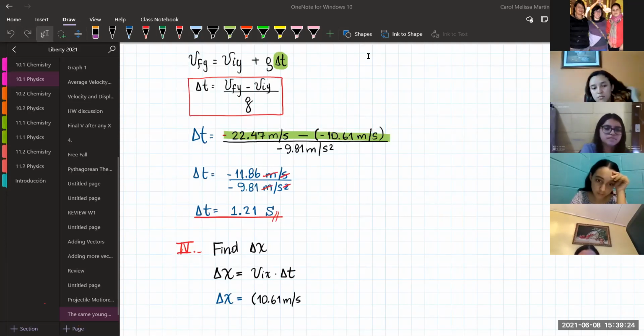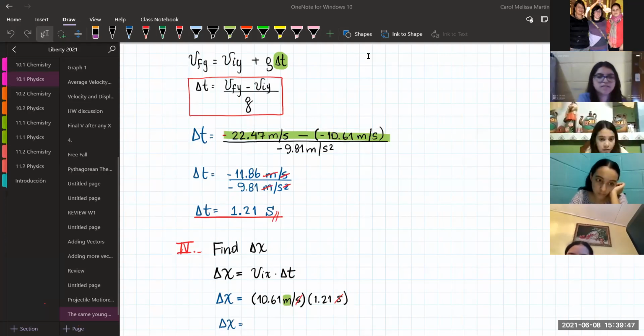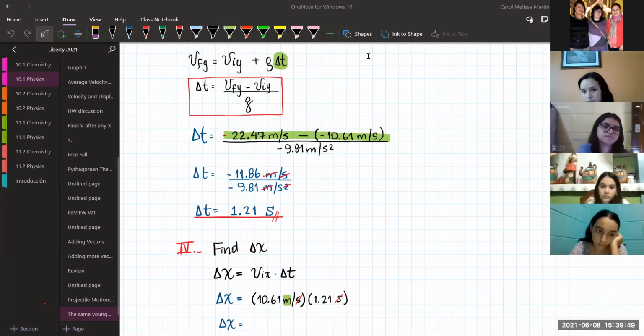It is positive because it's going to the right. And the time that we got from the step before, that is 1.21 seconds. Here you cancel seconds with seconds, leaving you the remaining unit, just the meters. Delta x, how much is that? 12.84 meters.